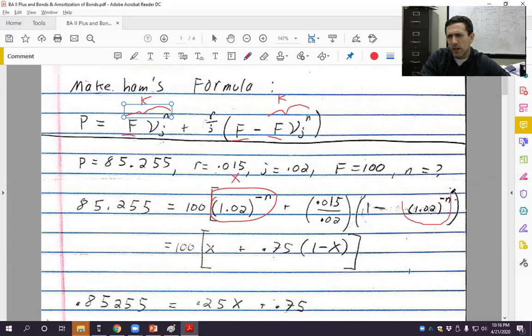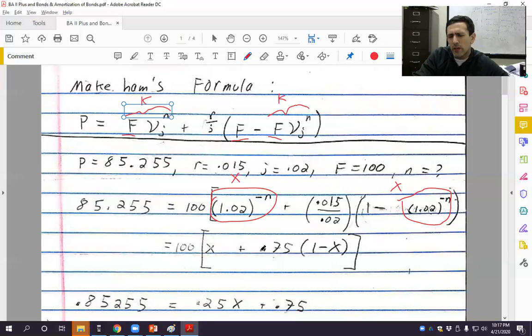So this is also X, the same thing. So now if I simplify that, again, this is 0.75, I'm going to get 100 times brackets right there, X plus 0.75, 1 minus X. Okay? And this is largely what you're going to do in 4.1.4.